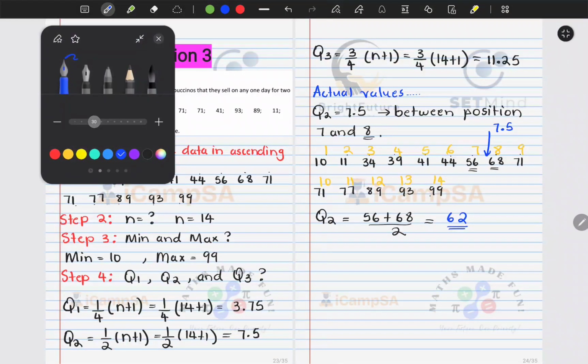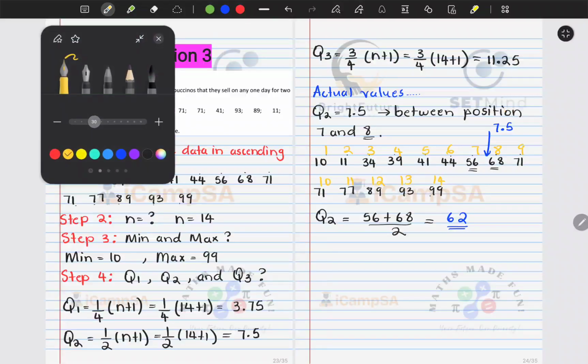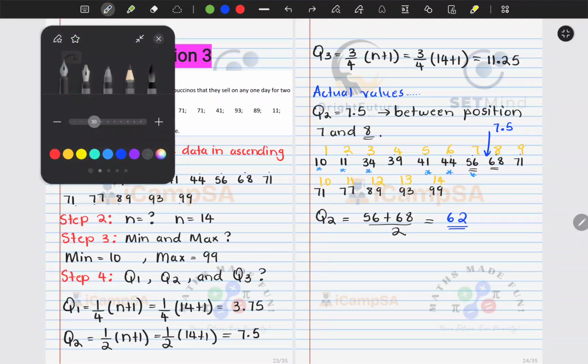Okay, so let's now have a look at your Q1, guys. So if you look at where our median is, our Q2, you will see that what we end up having is the data, which is, if you look carefully, you have 1, 1, 2, 2, 3, 3, and this then leaves you with that as your Q. Okay, so your Q3 then becomes your 3, 9.